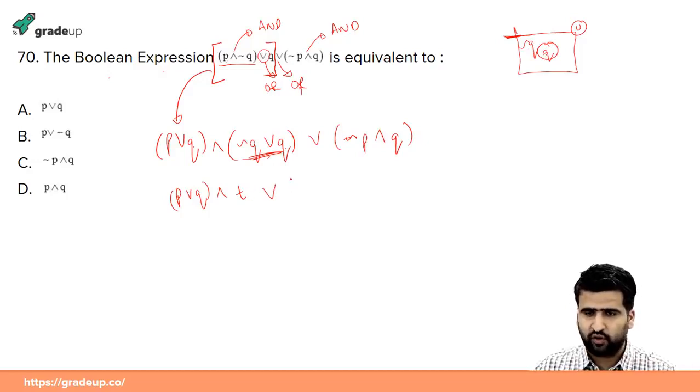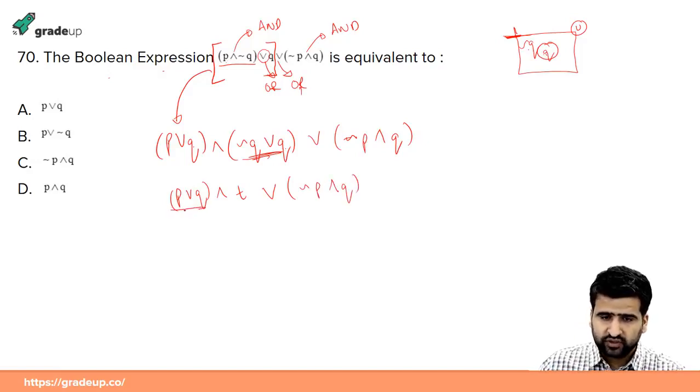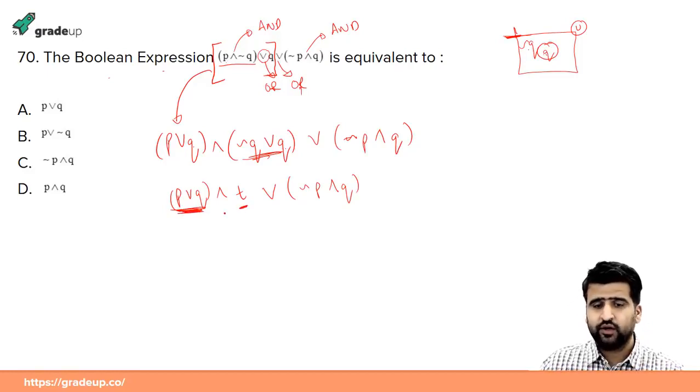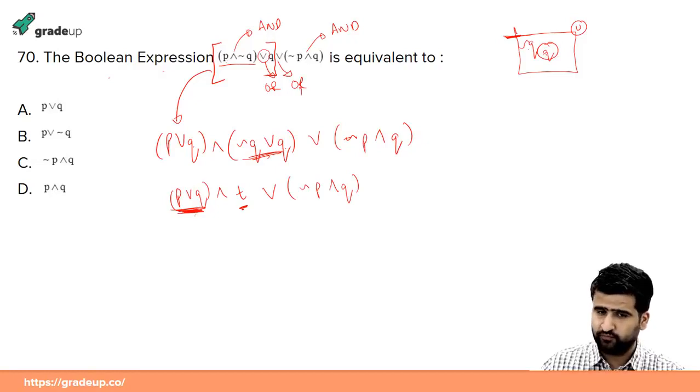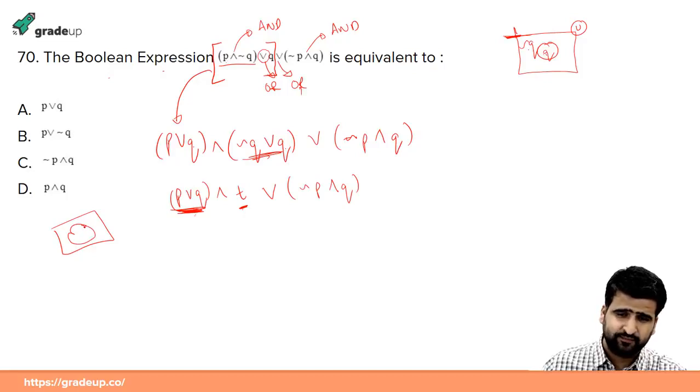And further we have or negation P and Q. So this is P or Q and T. We have to take the intersection of these two. Let's say this is the P or Q part and this is the total part.